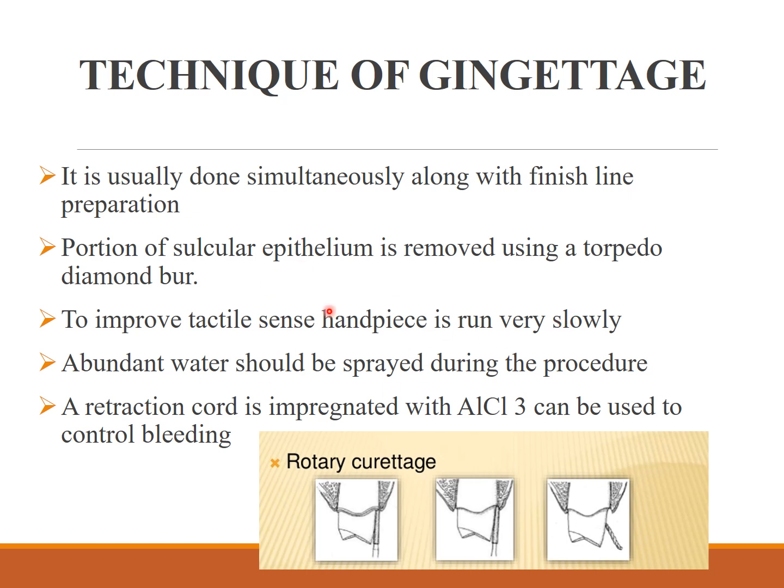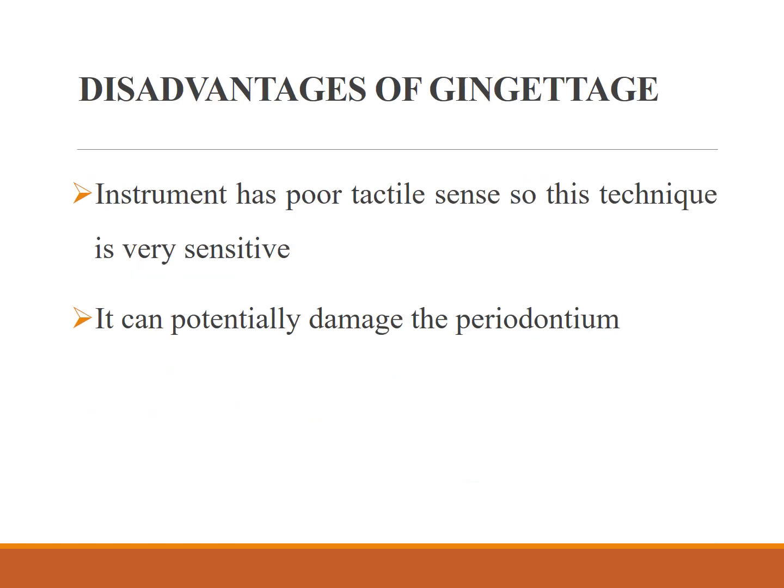Abundant water should be sprayed during the procedure so there's no thermal heat produced in the tooth, and we are not harming the pulp if it's a vital tooth. A retraction cord impregnated with aluminum chloride can be used to control the bleeding. The disadvantage is that it has poor tactile sense, so this technique is very sensitive and potentially damaging.